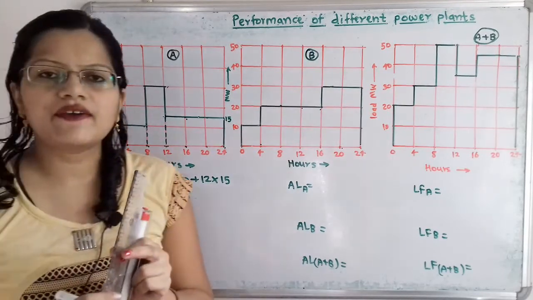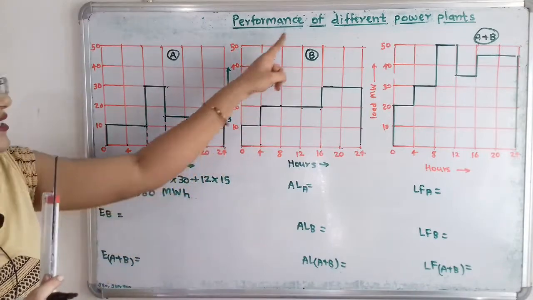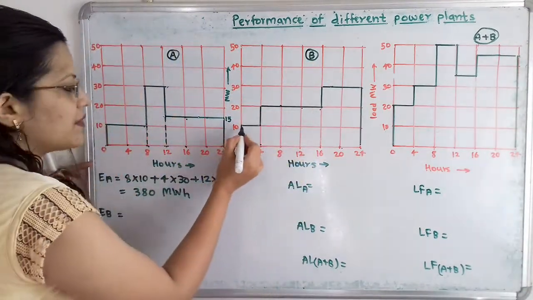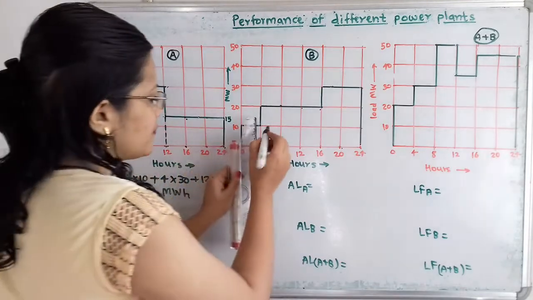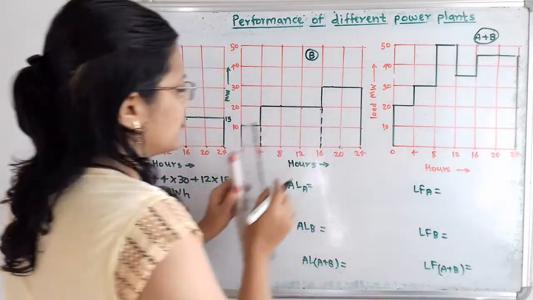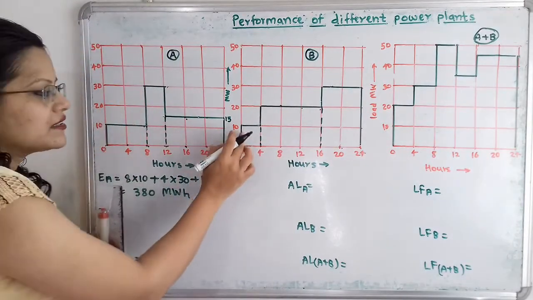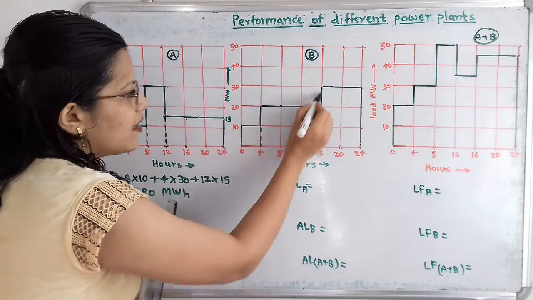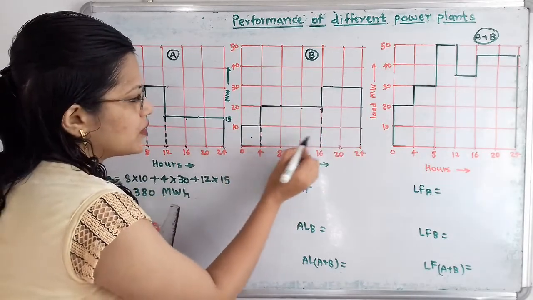Now in the same way we will calculate the energy generated when the power is supplied to consumer B. So in the same way here also there are different sections, that is area under the curve. So what is the energy supplied to this load curve? That is the area under this curve. So here are a total of 3 sections.